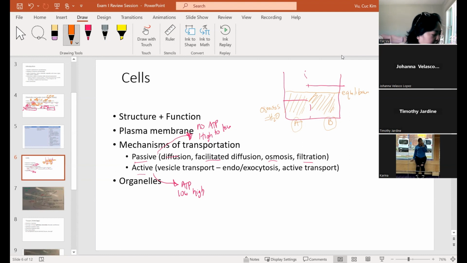Now let's say I had the same situation here, and now I have particles. These are small enough that they can move through the membrane. How is it going to move?